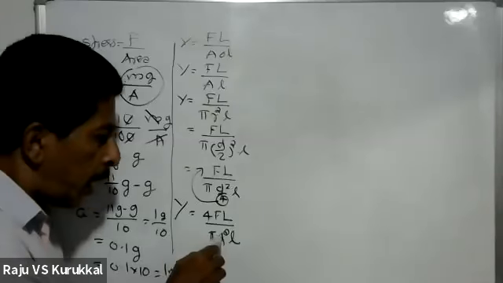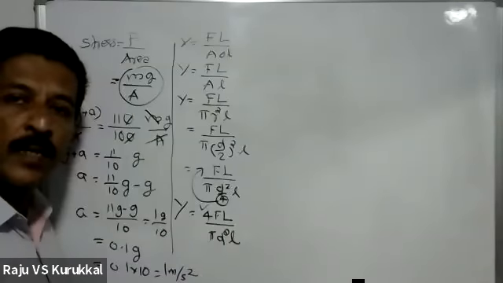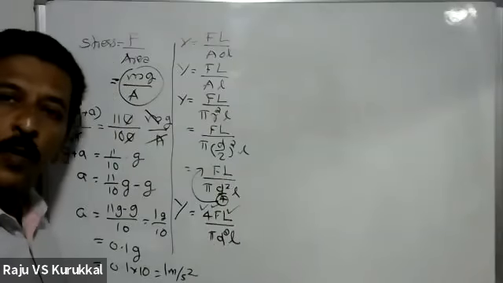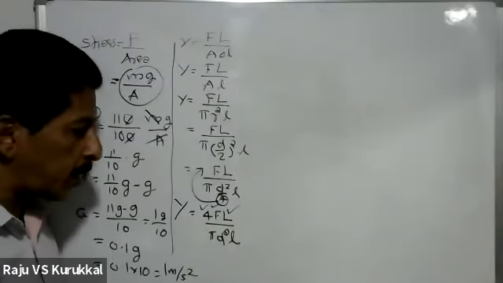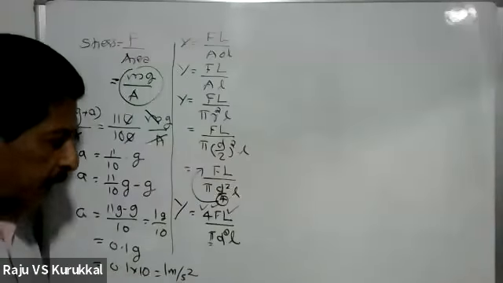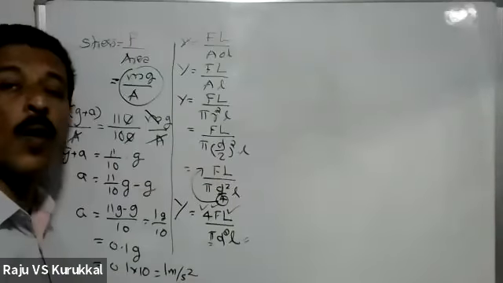From this, 4 is constant, F is constant, the initial length is constant. The question says the initial length is constant. And pi is constant. Change in length is also constant.